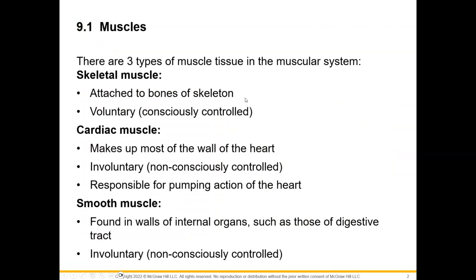All right. Well, as you already know from the chapter on tissues, there are three types of muscle tissues in the muscular system. We've got skeletal muscle, and that's the kind you normally think of because it's attached to bones and moves you around. It is voluntary, and it's under conscious control.